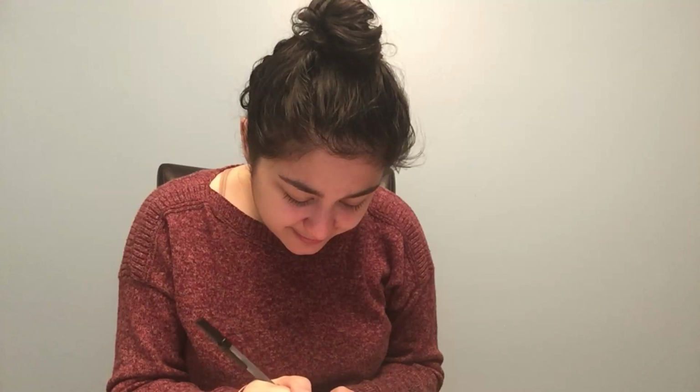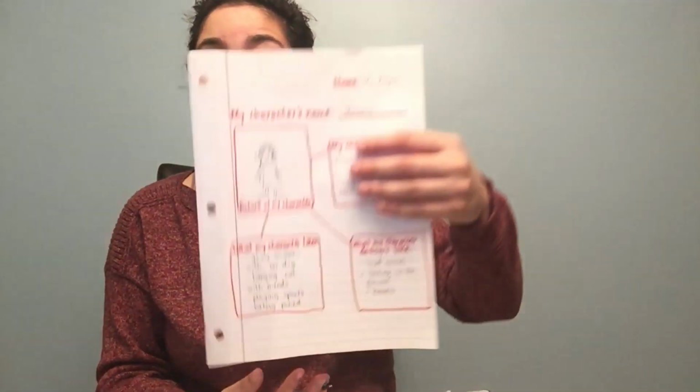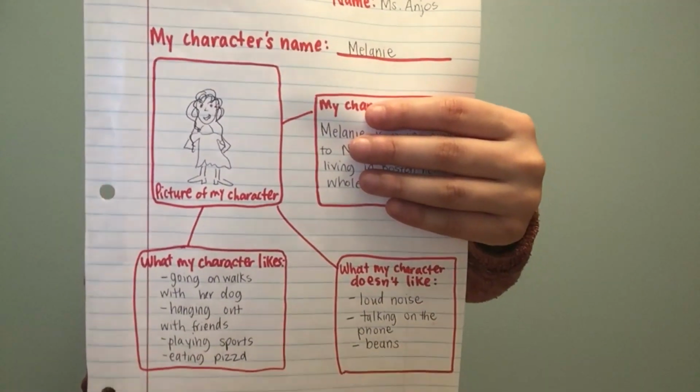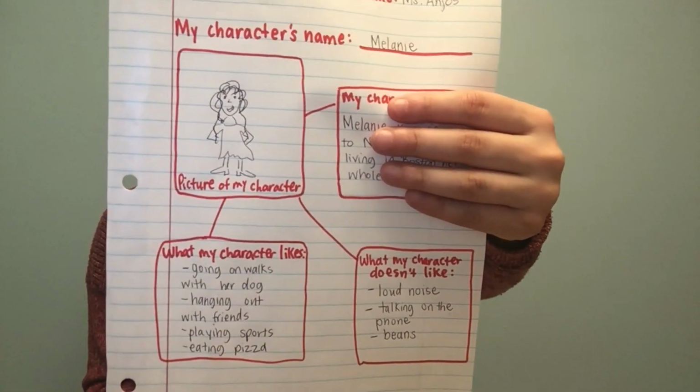She's a little bit of a fashionista. Okay, and this is my character. Now don't worry, it's not art class. It doesn't have to be perfect, guys. Nothing is. But just try your best.